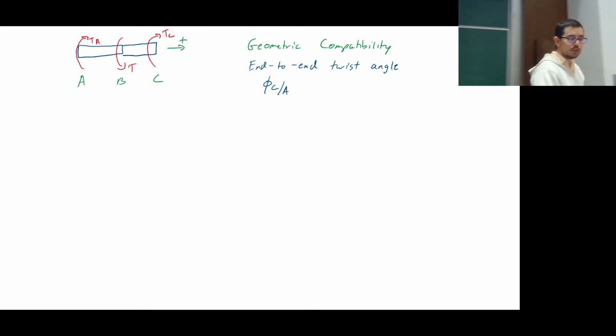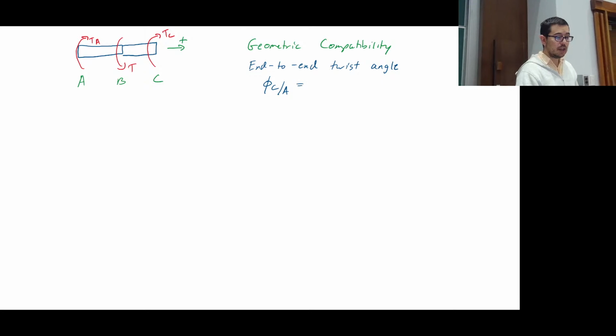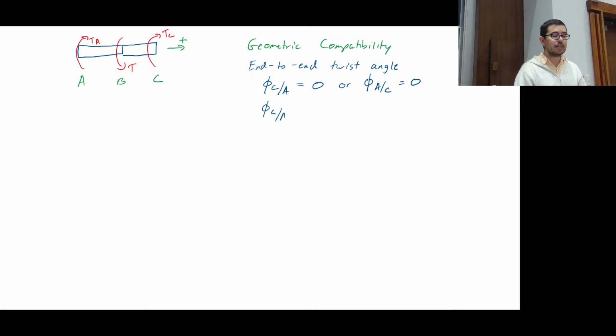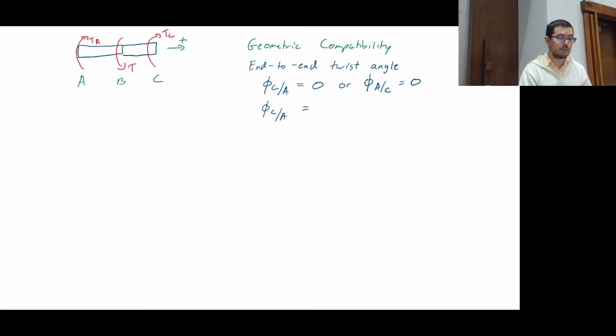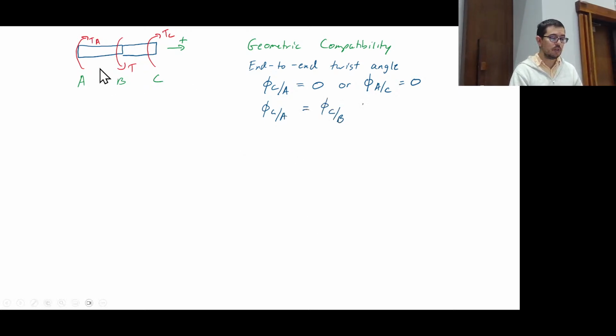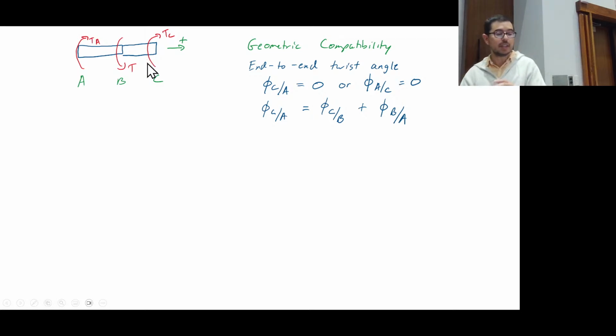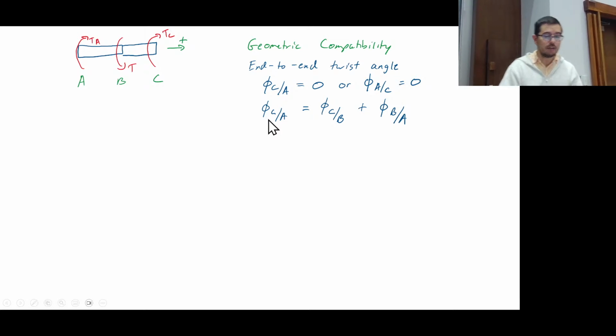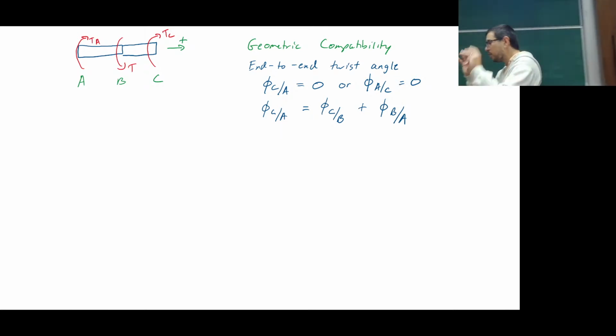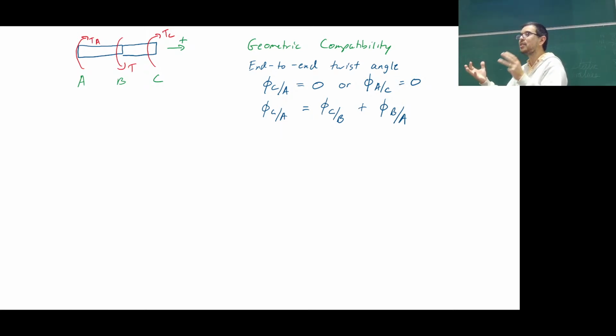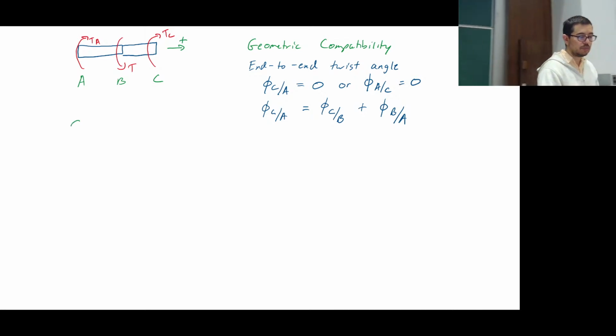It's also going to be equal to the deformation that you have in this region plus the deformation that you have in this region, and this is equal to 0. So you add them together and it's equal to 0, or you say, hey, they're twisting in opposite directions, in equal magnitude.